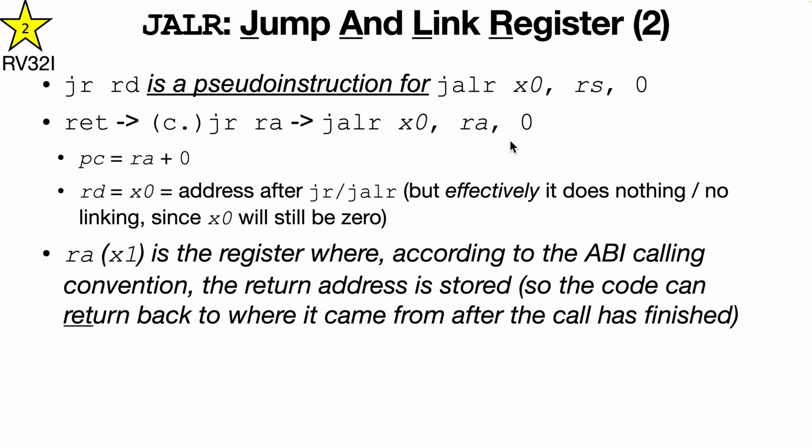So just go back to the return address, and then store into the link register the address after the JALR, but this is a ret. We don't want to come back to after the ret, so just store it into X0 and it'll basically be thrown away because X0 is always hard-coded to 0. You can store anything you want there, but it's not going to have any effect. X0 shall always be the hard-coded value 0. So again, what's special about ret is that it's using the RA, and per the ABI calling convention, RA is the return address where it can return back to.